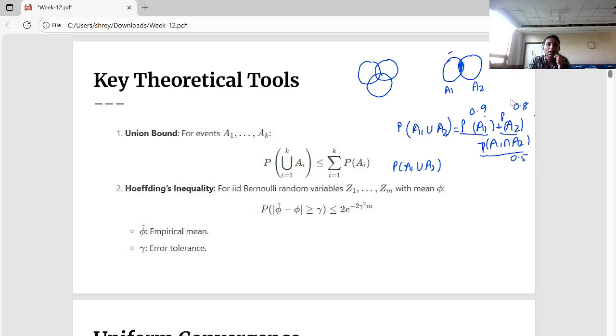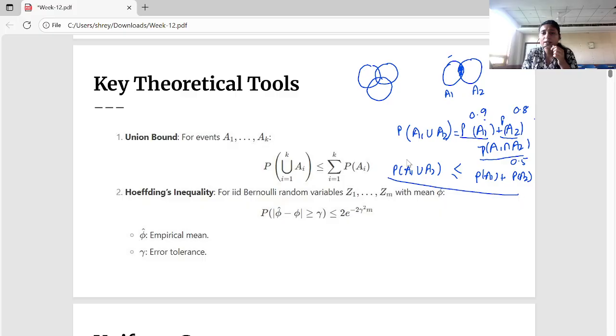Ultimately, the right hand side sum is much more than the single summation. Just think about this: something is subtracted from the individual sum. So this whole probability will be less than or equal to P of A1 plus P of A2.